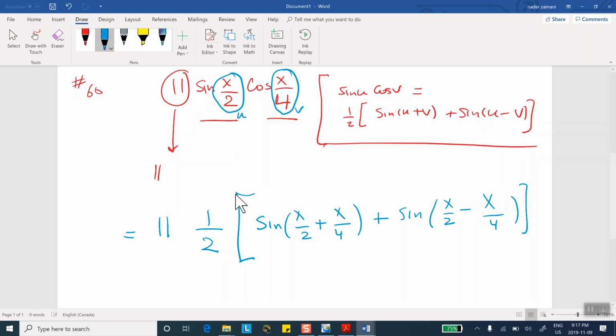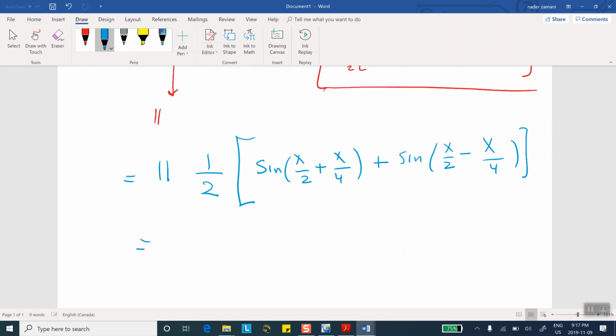If you look at the answer in the book, probably it looks like this. 11 over 2, 11 times 1/2 is 11 over 2. Be careful. This is not 11 and 1/2, because I asked this question in the class the other day, and some people said 11 over 2 means 11 and 1/2. That's not the same thing. 11 over 2 is 5.5. That's what it is.